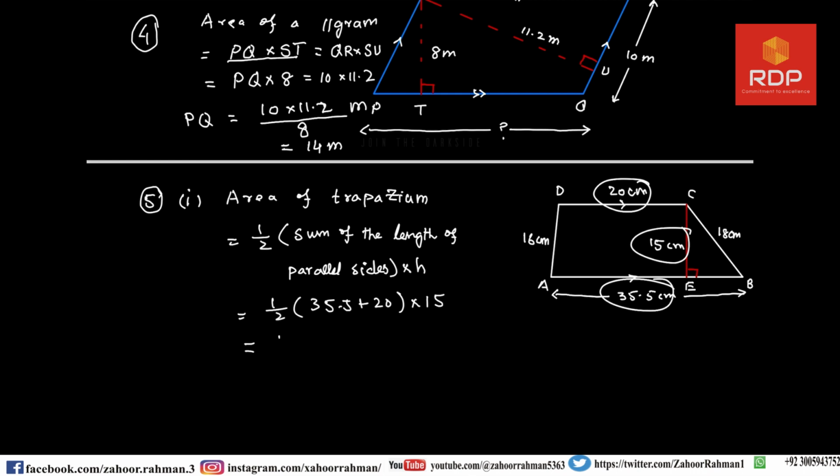So we will write 1 over 2 into 55.5 into 15. After the necessary calculation, we will get 416.25 centimeter square. That will be the area.